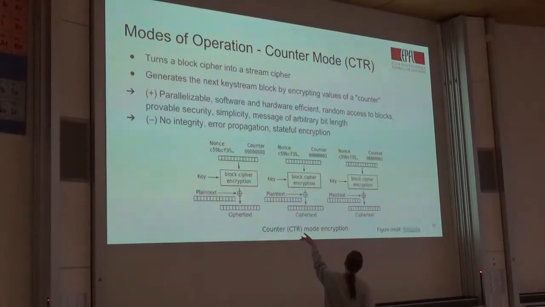So typically we have a nonce that often identifies the message or is sometimes just a random number. And then we have a counter that goes 0, 1, 2, just counts the blocks of the message that we want to encrypt. Each of those goes through the block cipher, and the output of the block cipher we use as n bits worth of stream cipher output, right?